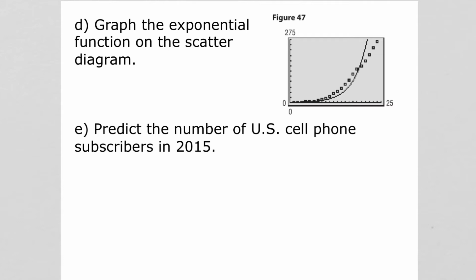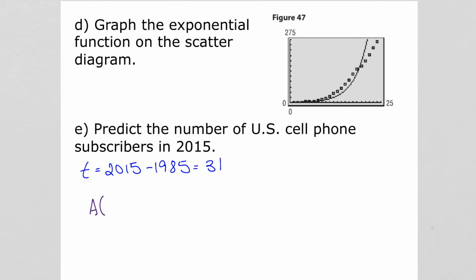And then part E says, predict the number of U.S. cell phone subscribers in 2015. So we need T. I know that's still in the past, but yeah. And T will be 2015 minus 1985, which is 31.